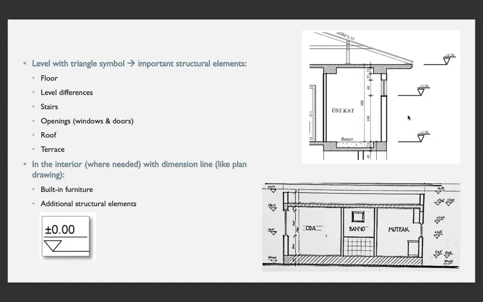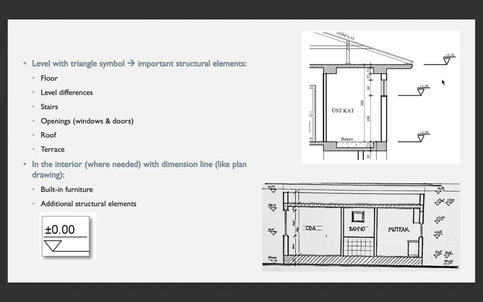And in sections, as you see, the dimension lines are shown to provide necessary information, as well as typography to give information about the function of the space or any kind of information about materials that we want to provide. Level with triangle symbol: important structural elements like floor, level differences, stairs, openings, roofs, and terrace.